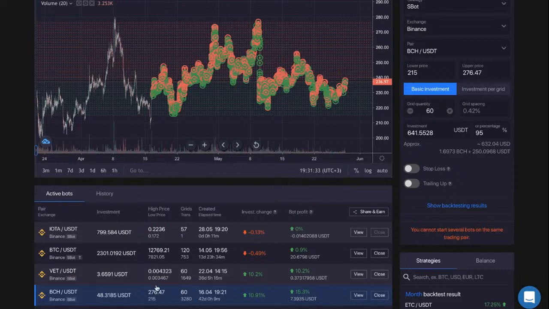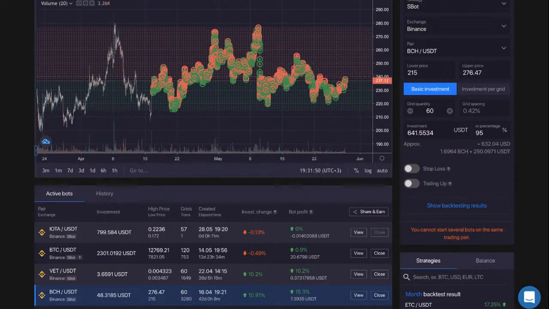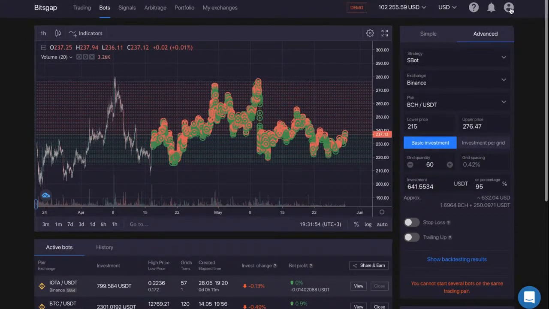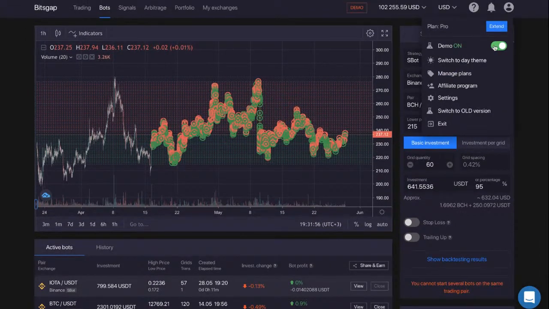But notice that I just had a $48 investment in this bot, but 15% is quite an impressive result for the sideways market. Let's look for some other examples, maybe on my real account.